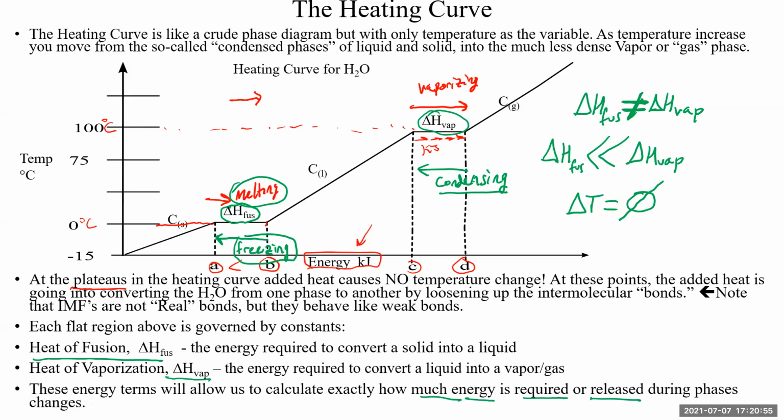If the change in temperature is 0, that means we cannot use the formula m times c times delta T, because what is delta T at the phase changes? So if we're trying to calculate the energy associated with phase changes, and we try to apply Q equals mc delta T, we're always going to get a value of exactly 0, and that's wrong.